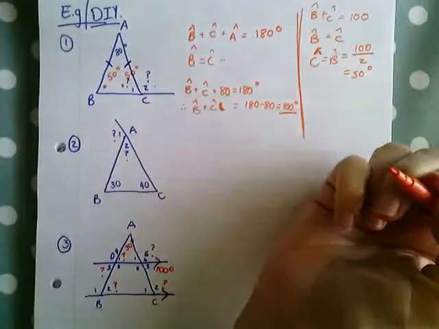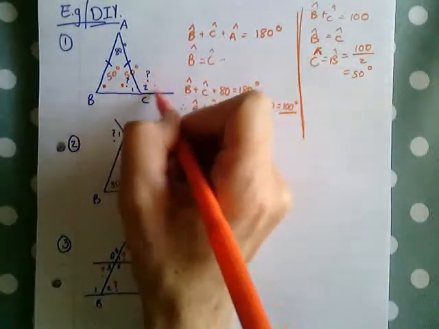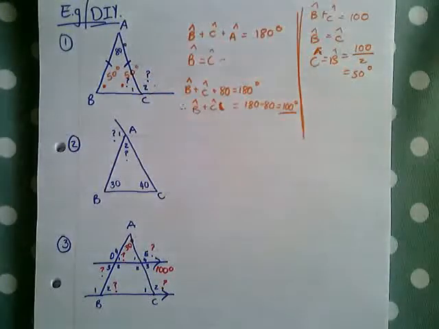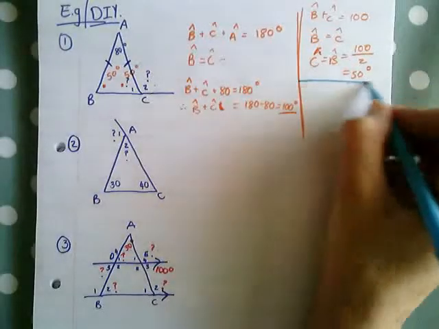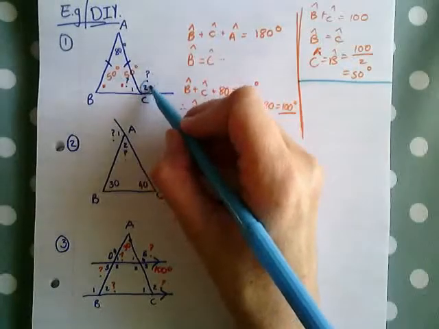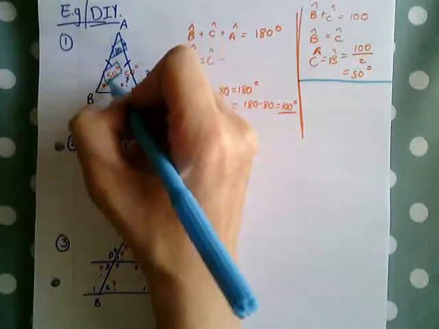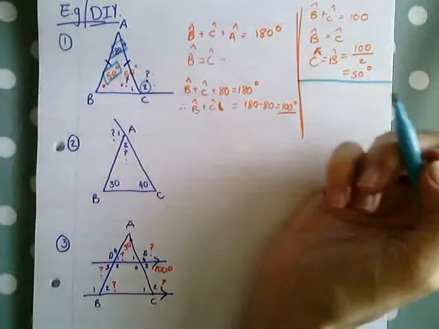Okay. Now we're asked for that angle C2. So angle C2 is the exterior angle of a triangle, and because it's an exterior angle of the triangle, this angle will equal to the two opposite angles, the sum of the two opposite angles.